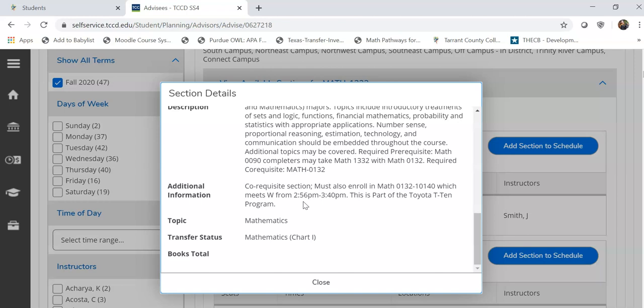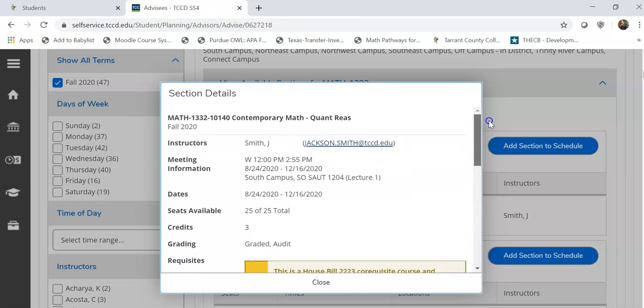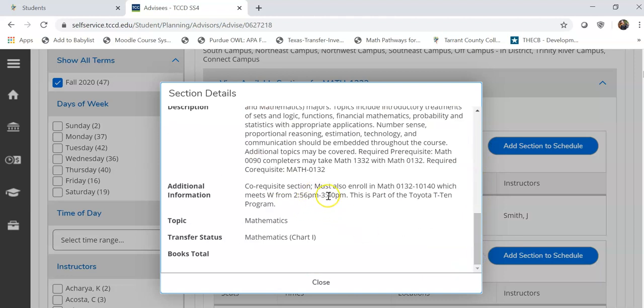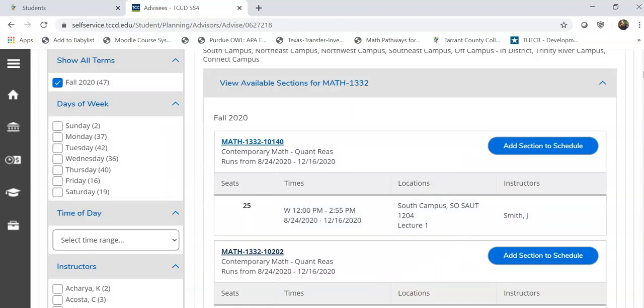You're most likely staying in that same room. So you don't get out of class at 2:55. You're actually getting out at 3:40. So you got to be mindful of what those two times are going to be and see it's on the same day. And this one's restricted for our Toyota T10 program. So that's a specialized program for our automotive students in that particular case.